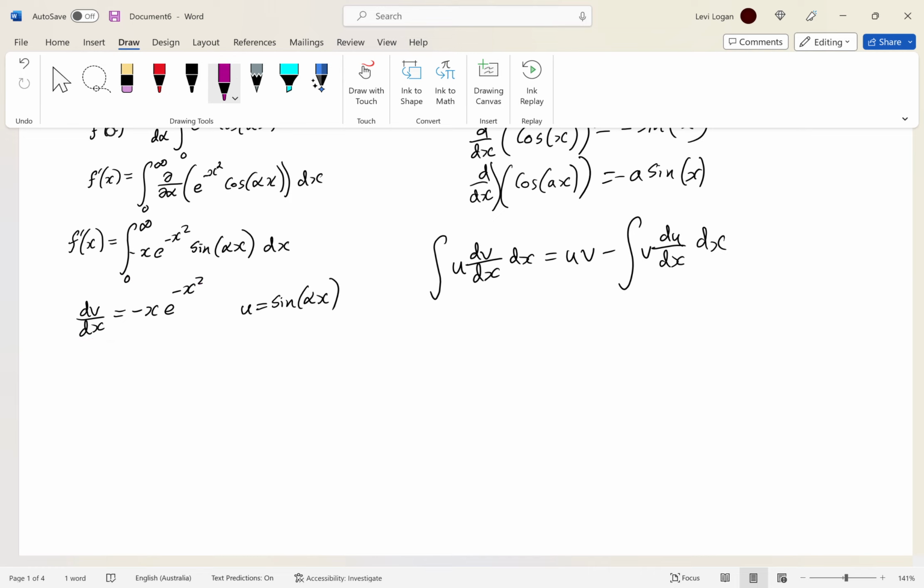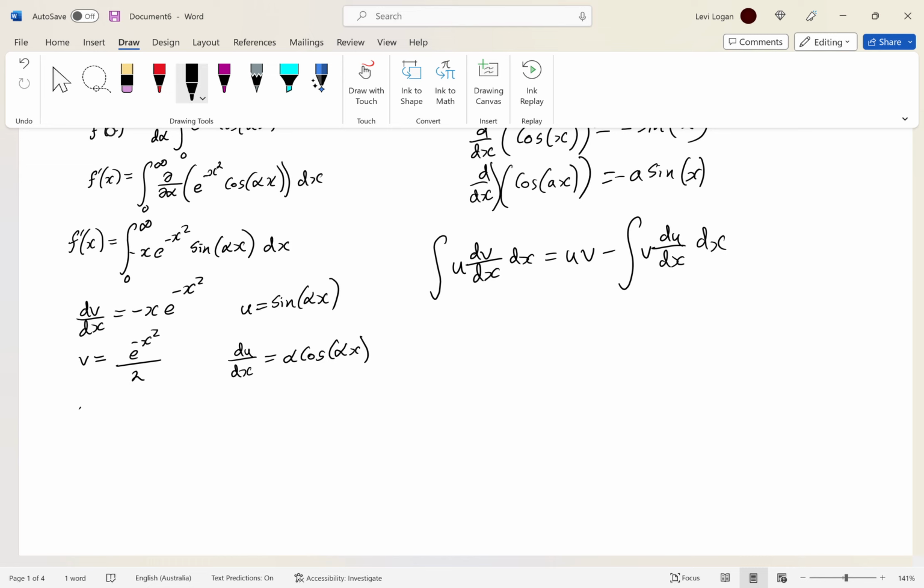So just integrating this, we're going to have v is equal to negative e to the negative x squared over 2. Okay? Hopefully you're all good with that. Actually that's going to cancel out because there's a negative, so there's no negative there. If we differentiate this, we just bring the alpha outside, so du/dx is just alpha cos alpha x. Cool.